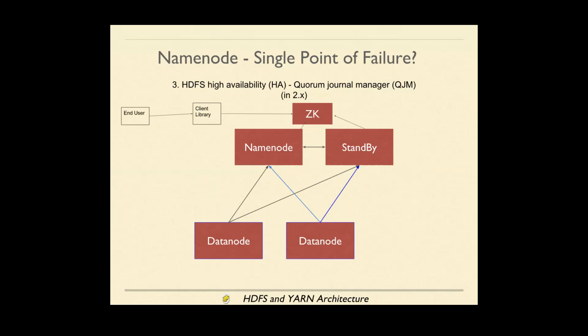So you have two or more name nodes which have exactly the same status, and the interesting part is that whether client driver or data node, they all communicate to the name node as well as all other standbys. Which means the whole system tries to maintain multiple copies of name node.